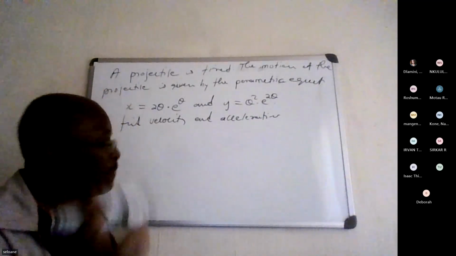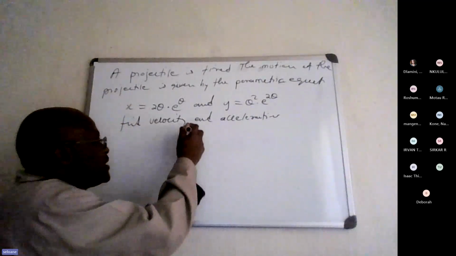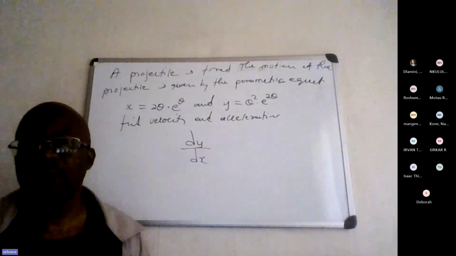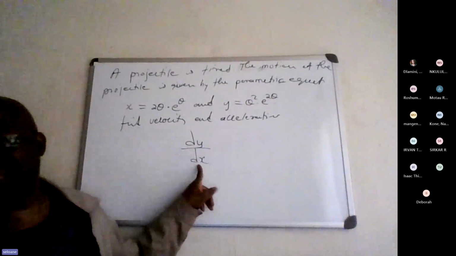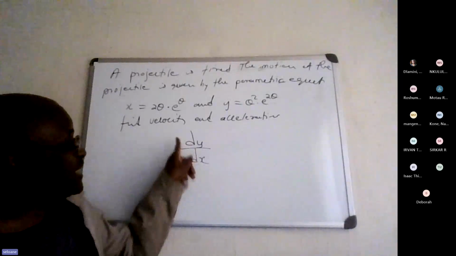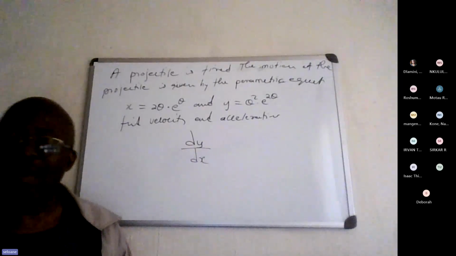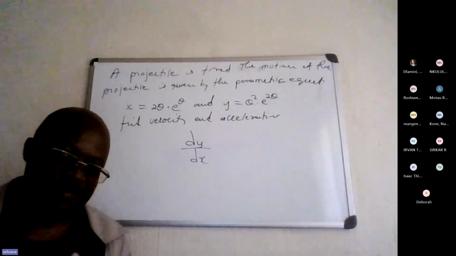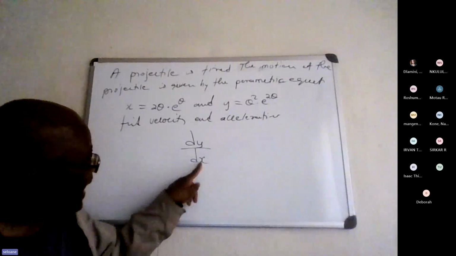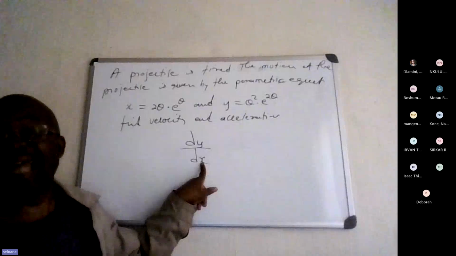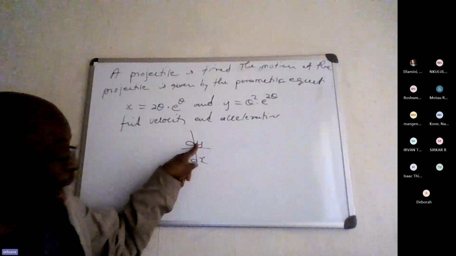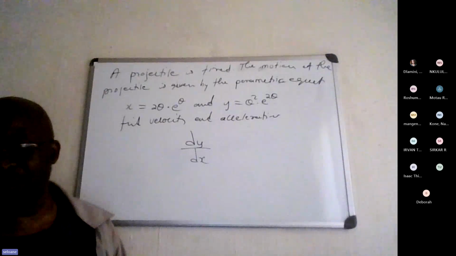But before, don't forget this notation, dy dx. With dy dx, we are differentiating a two variable function, where x is the independent variable and y is the dependent variable.